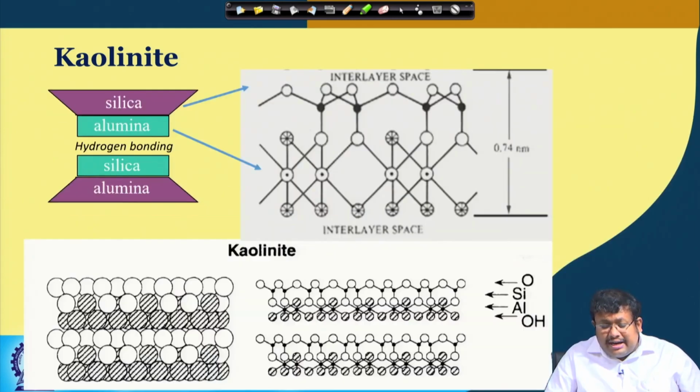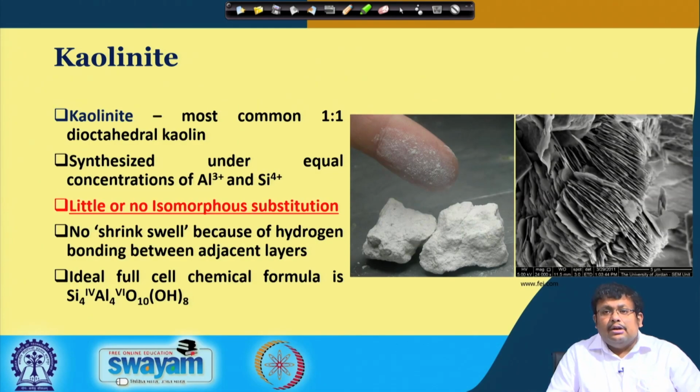So, there is no excess negative charge development here, because there is no isomorphous substitution in case of kaolinite. As a result, there is no shrinking and swelling in kaolinite because of hydrogen bonding between the adjacent layers, and that is why this mineral is nutrient poor. The ideal full cell chemical formula is given here.